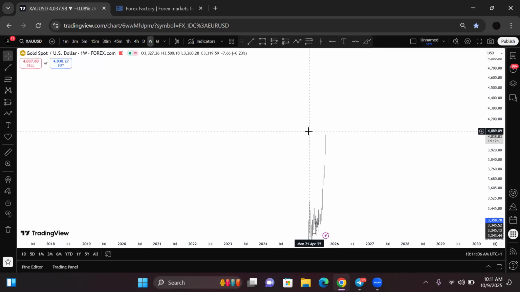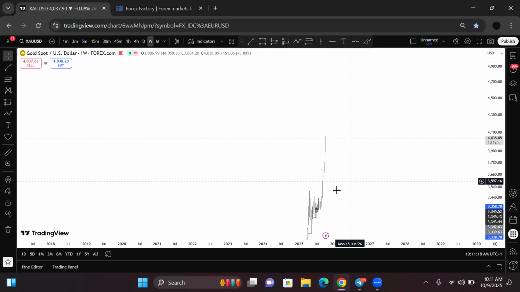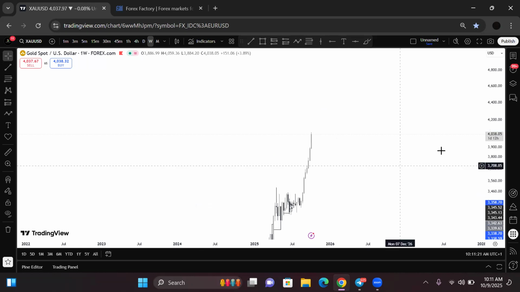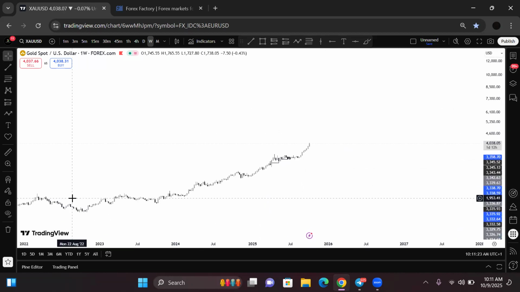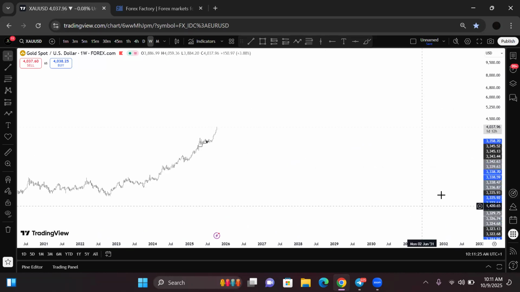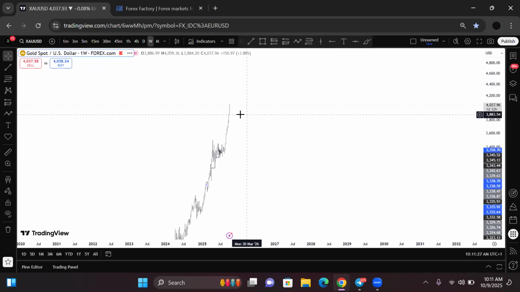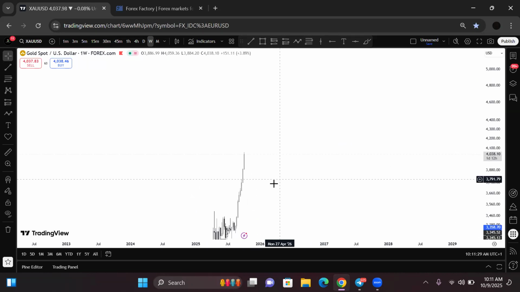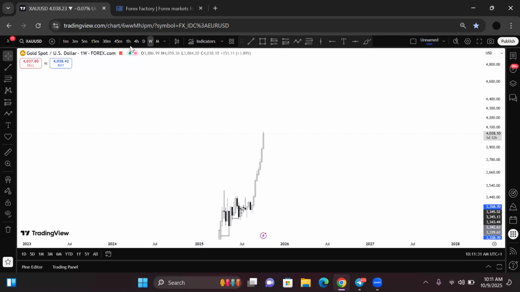Gold just reached a new all-time high of $4,000 per ounce. All right, so that's a new milestone for gold and gold traders. It is not easy. We've been coming a long way, but gold just reached a new all-time high of $4,000. So we are clearly bullish.